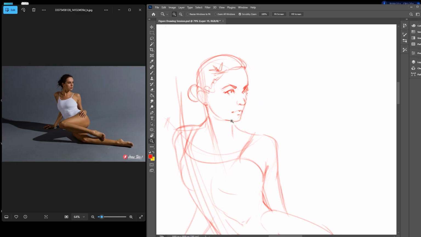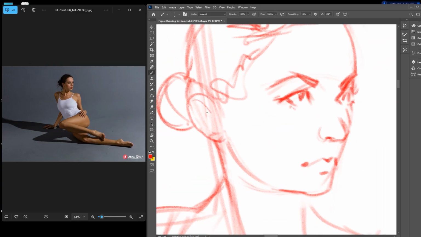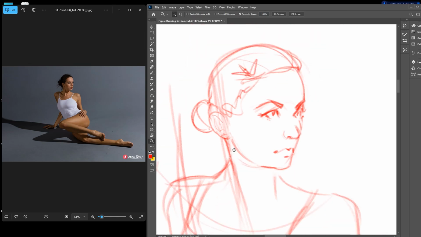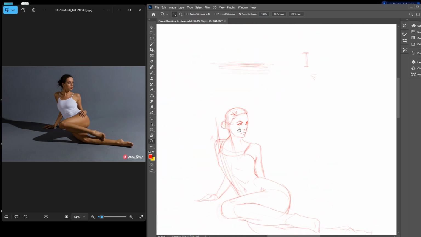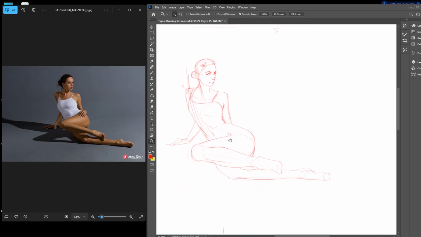For the face, I can add a lot of details. However, like I said, this was supposed to be 10 minutes, but because I have talked a lot, it is now much more than 10 minutes, and I have to finish this one. I can add some details. However, I need to finish because we are out of time. Okay.